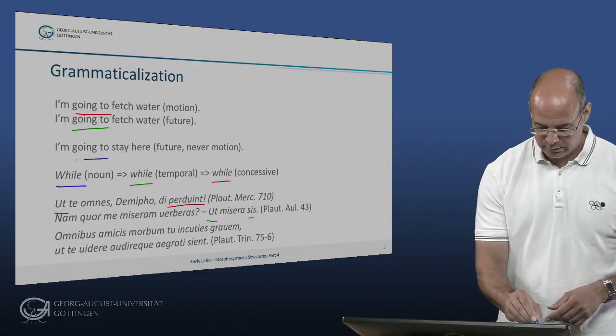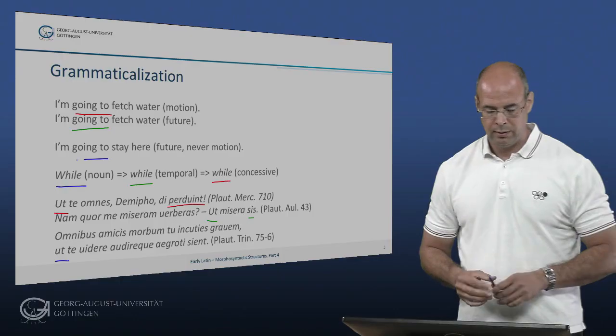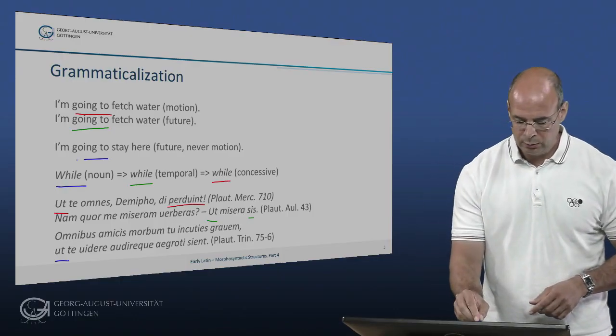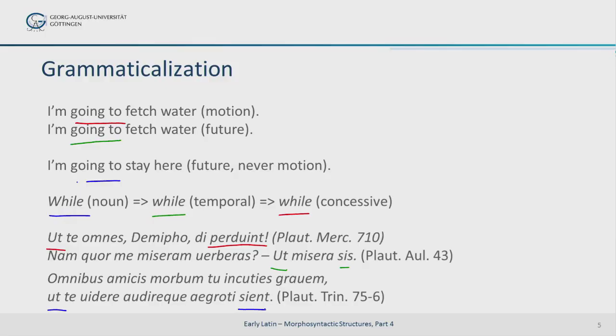Ut, so that they're unhappy, aigroti sient, to see you and hear you. In this case, the subjunctive is purely grammaticalized. It cannot be predicted from the semantics of the clause. So here we have to basically learn what sort of mood we use in which subordinate clause type.